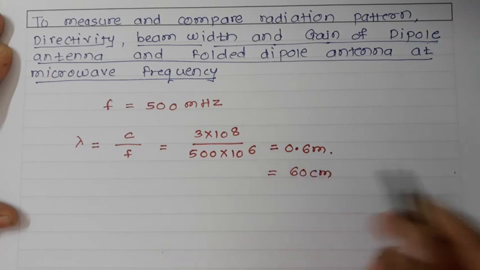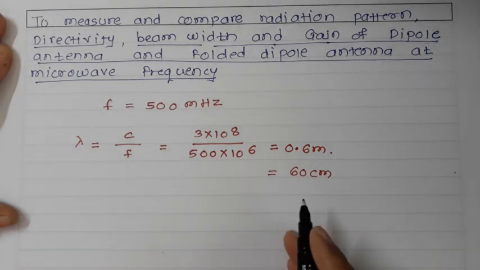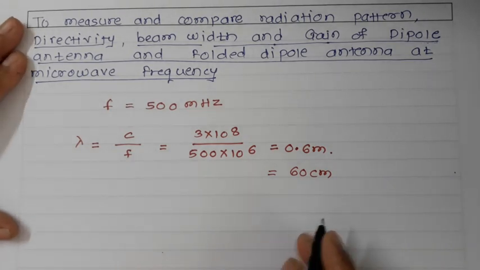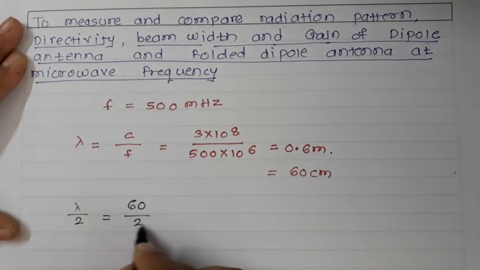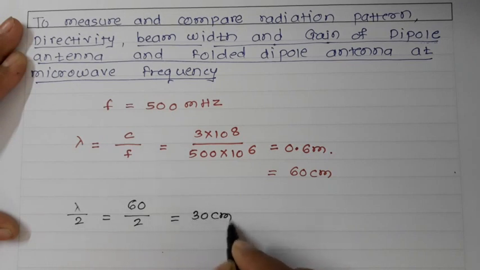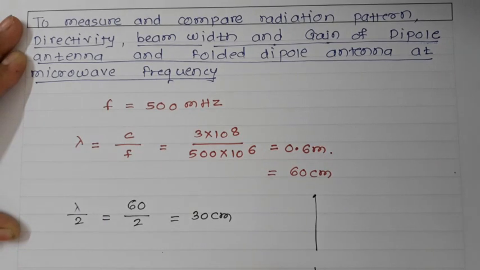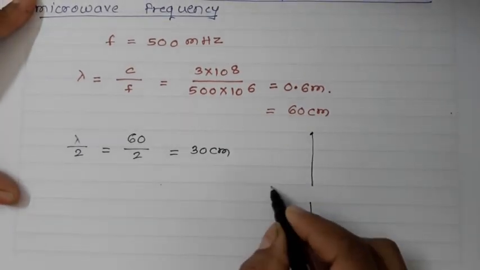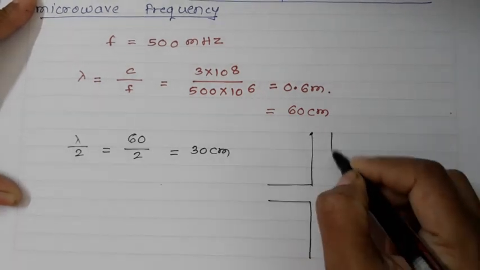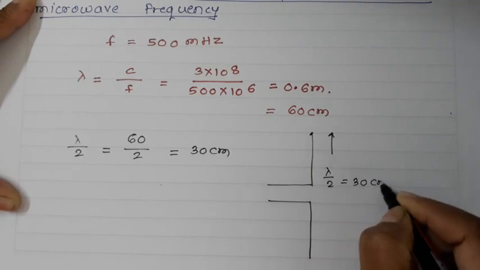As we need to design this antenna, we need to understand the actual measurements of that particular antenna. So this is 60 centimeters, and as we are going for the antenna of lambda by 2, this will be 60 divided by 2, which is 30 centimeters. Here I'll consider this as the lambda by 2 antenna, where this is the feed point, and this complete length is the lambda by 2, which is 30 centimeters.